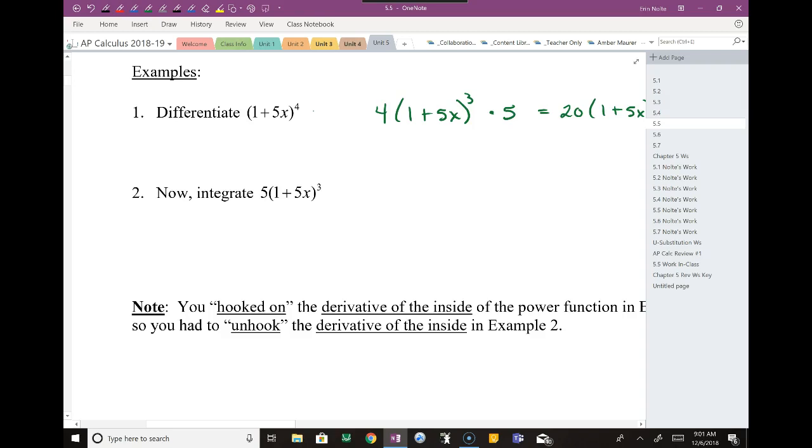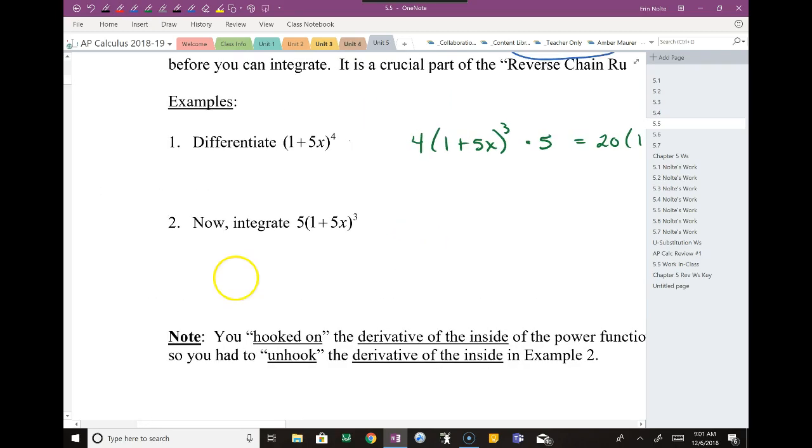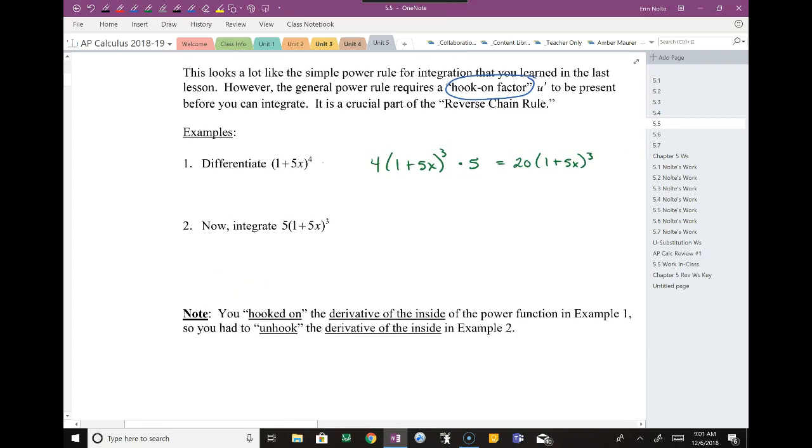The only difference here is now we're going to, oh wait, hold on, it says integrate, my bad. So how are we going to integrate this? Remember that this is your stuff. We're going to integrate by adding 1 to the exponent and dividing by that exponent. So I'm going to have 5 times 1 plus 5x to the, what's my new exponent? 4.